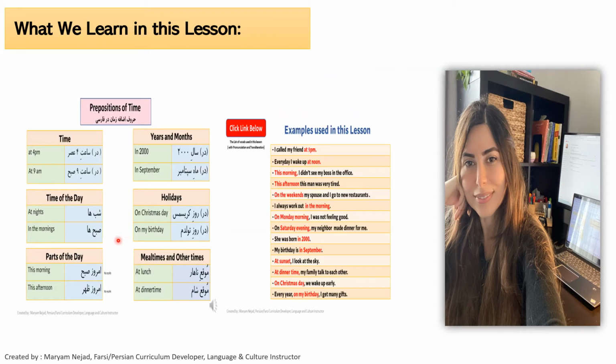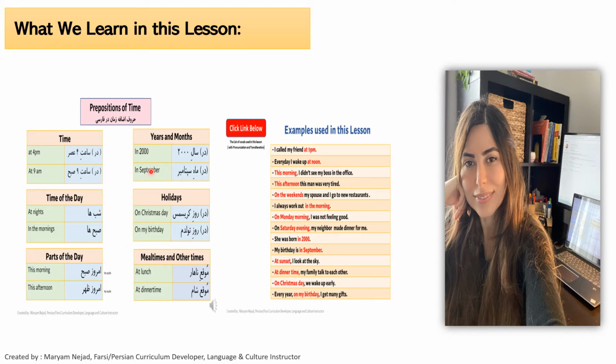So in this lesson, we are going to go over prepositions of time, and then we are going to go over these examples. The reason this lesson is long is because of the examples. In the next few slides, I have explained the whole lesson in just a few minutes.